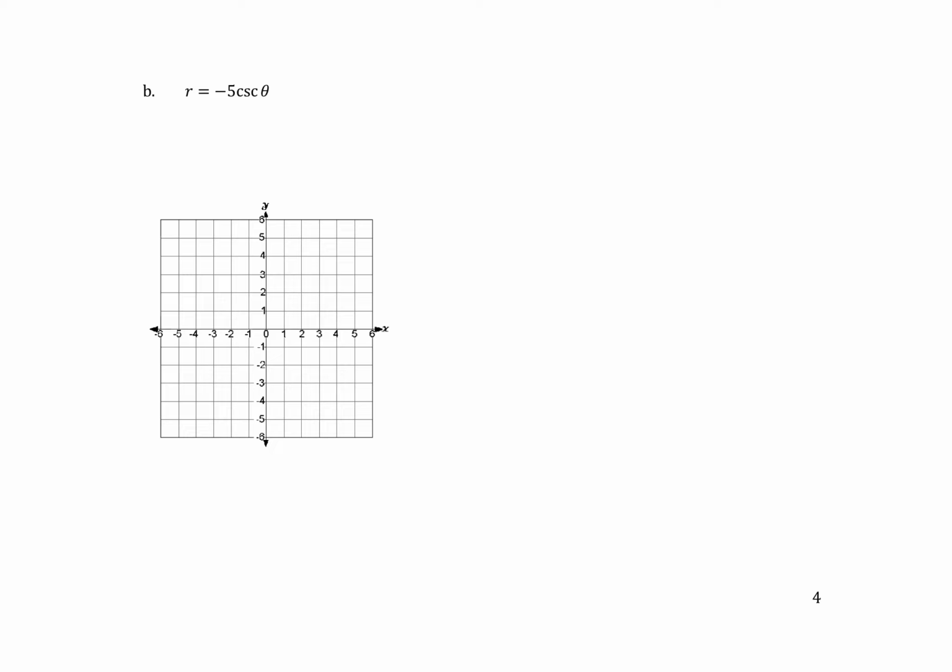And then I'll kind of see what I have. So this is going to be r equal to -5 over sine of theta. Okay, again, cosecant reciprocal is sine. But now I can see what I need to do. I need to multiply both sides of this equation by sine of theta.